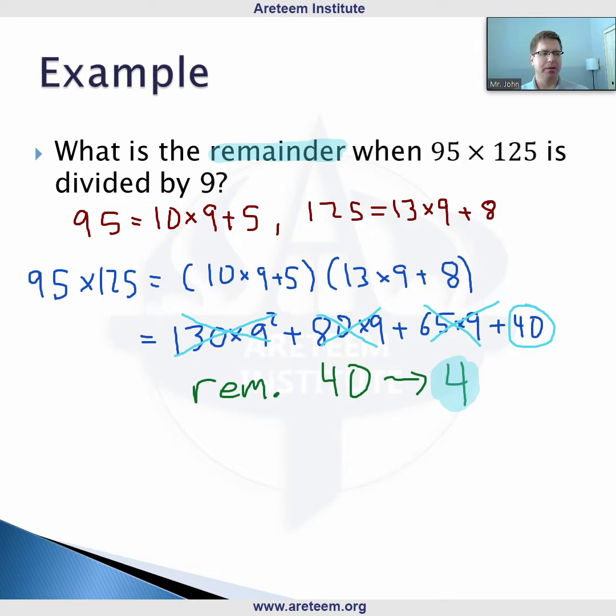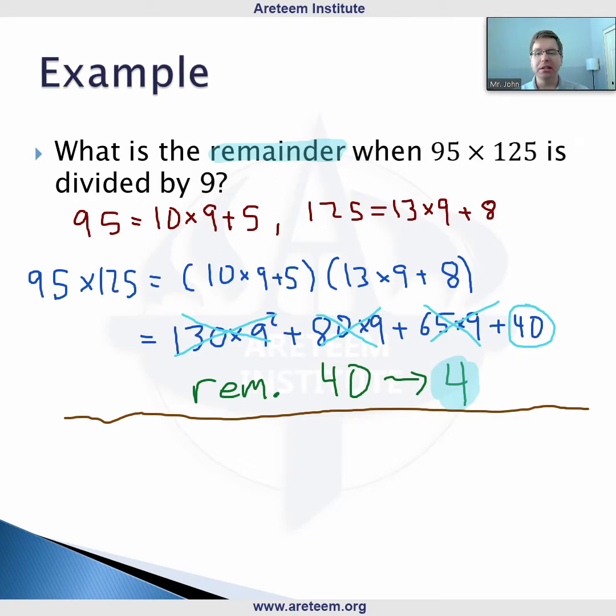That's how we can work with the quotients and the remainders. Now, remember I said a lot of this we can think of as shortcuts when we're doing modular arithmetic.